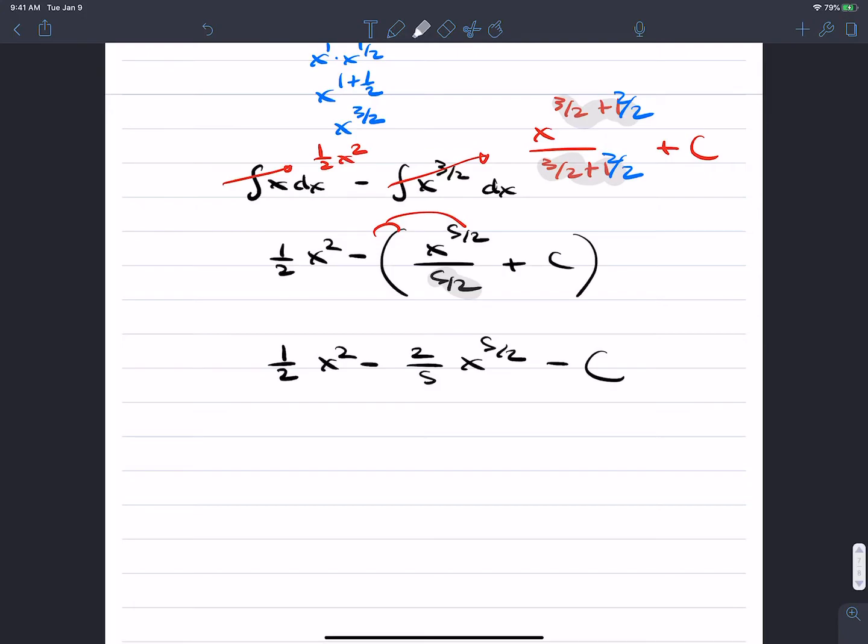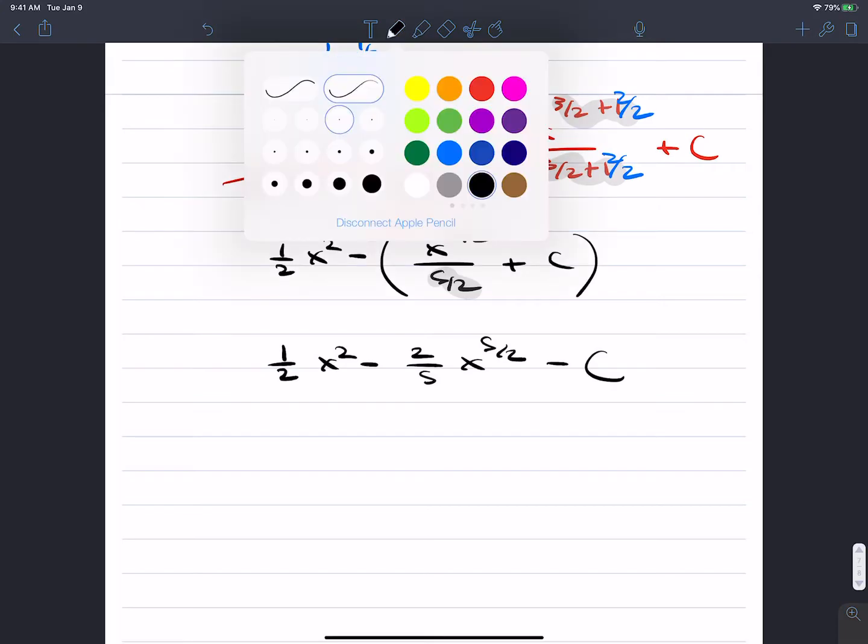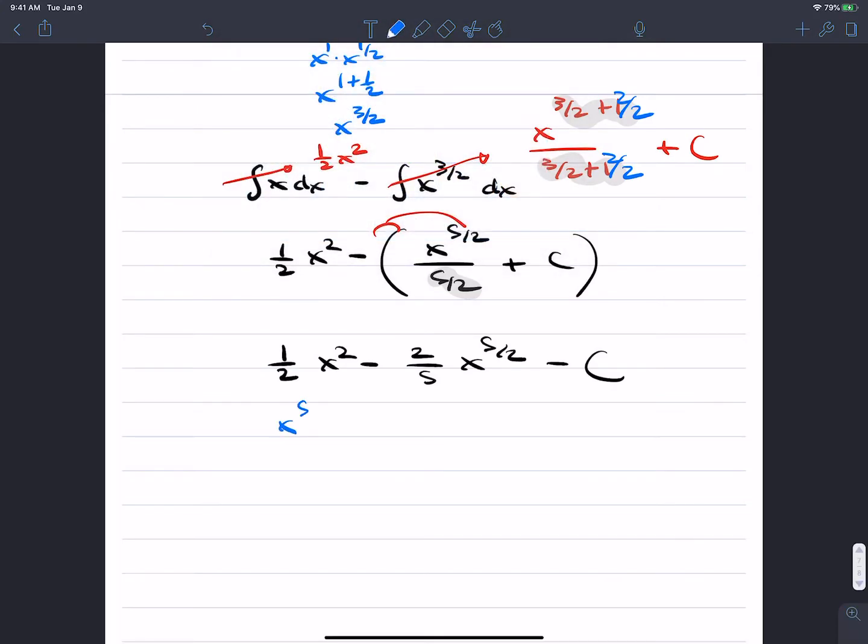You're multiplying by the reciprocal. If you have to see that detail, some people may have to. This is divided by 5/2. You multiply by the reciprocal of the second fraction, the one on the right. So that's why that constant is now a product up there, and it's reciprocated.